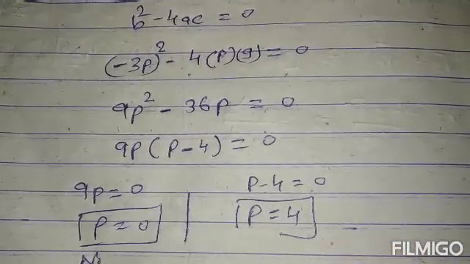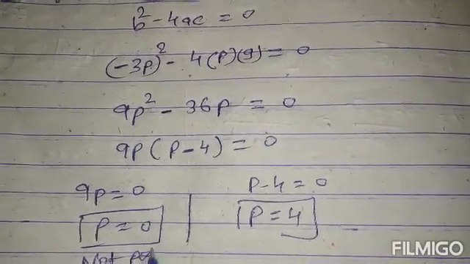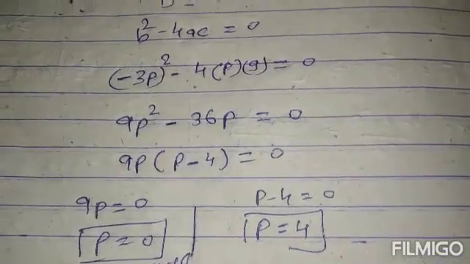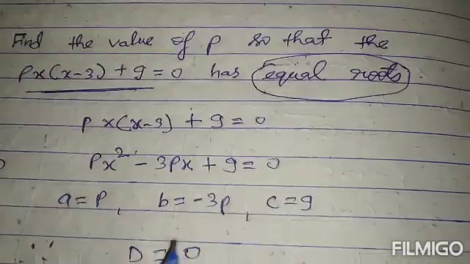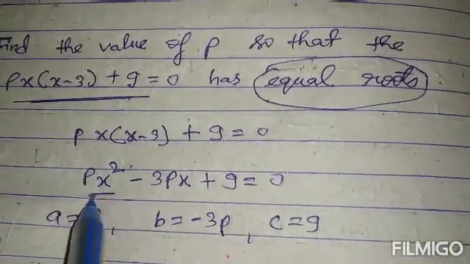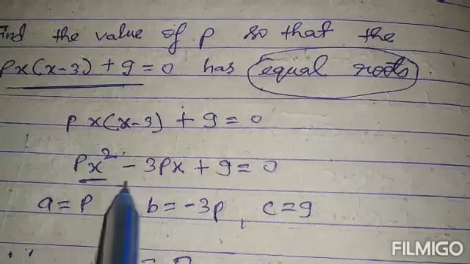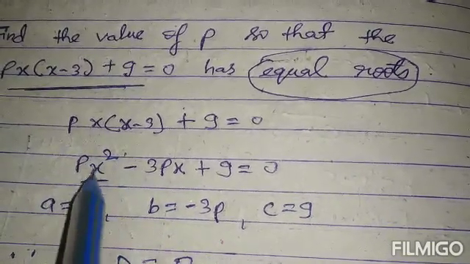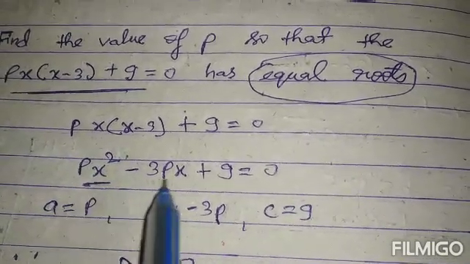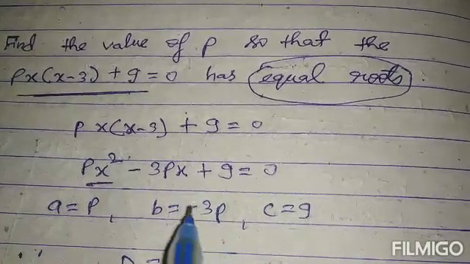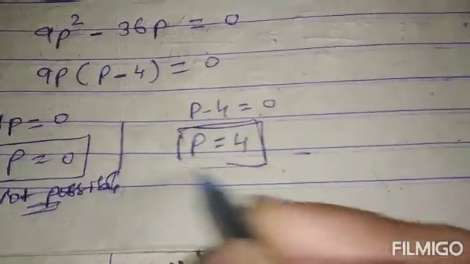But p equals 0 is not possible, because if we put p equals 0 in the given equation, it will not be a quadratic equation. This whole term will become 0. Therefore, the value of p is 4.